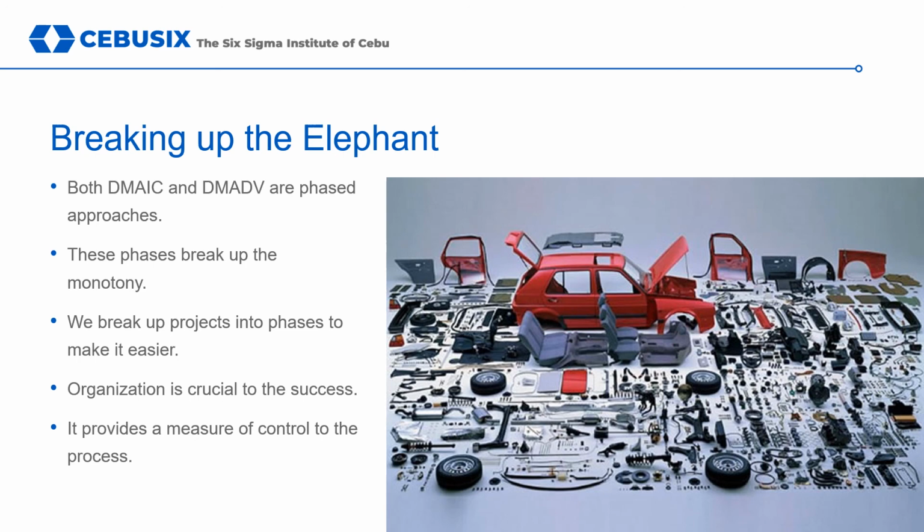The phases of DMAIC and DMADV provide control and organization for a project, help keep everyone on task, and let teams break up what can seem like enormous tasks into chunks that are tolerable. As the old adage says, how do you eat an elephant? Well, one bite at a time. Similarly, the phased approach of Six Sigma breaks up the elephant so that teams can work on it one small bite at a time.